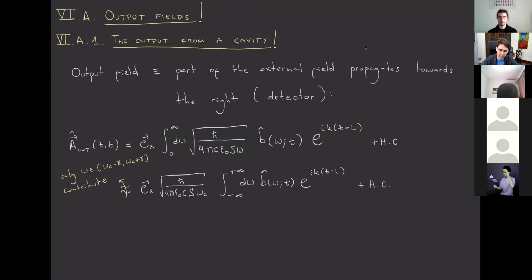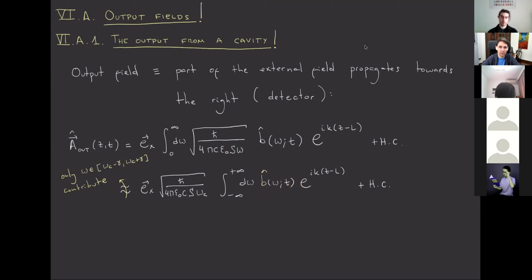And then the last step is that from the previous chapter we actually know the evolution of b of omega t. We know the solution for b of omega t in the Heisenberg picture.